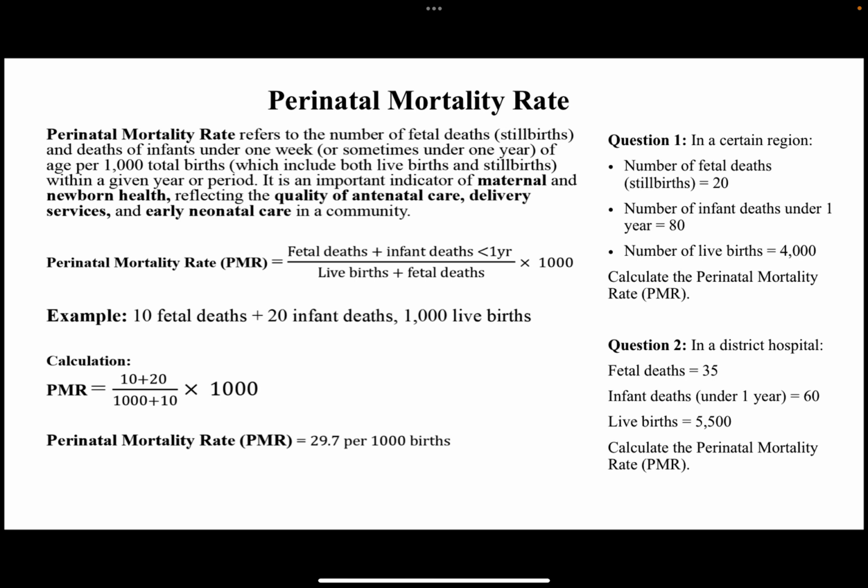Now, the formula for calculating perinatal mortality rate is fetal death plus the infant death, all over the live birth plus the fetal death. Then you multiply by 1,000.